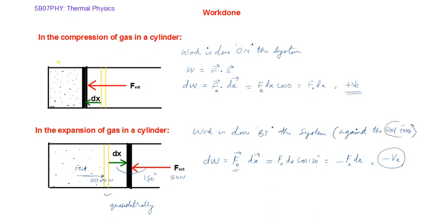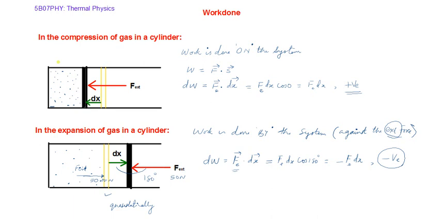Remember, that is why even though there is an internal force acting on the system, on the piston, we have taken the force to be the external force. And conceptually, the internal force and external force will be very near to each other in value, deviating only infinitesimally from the other one.